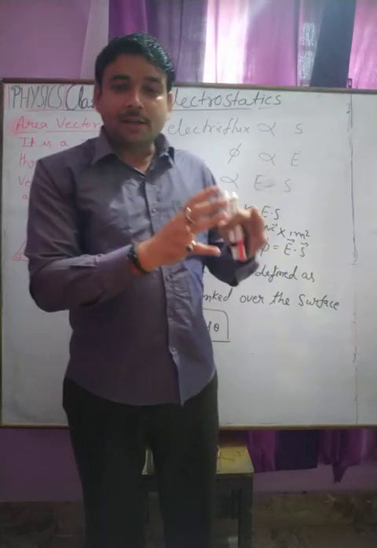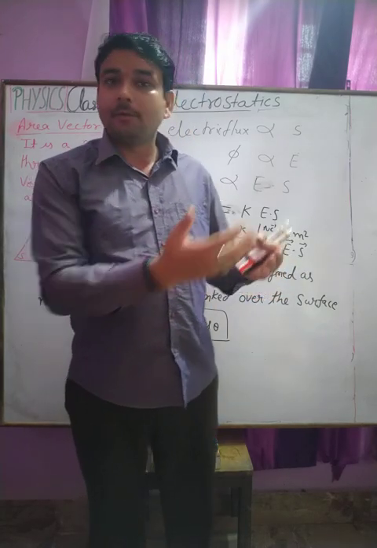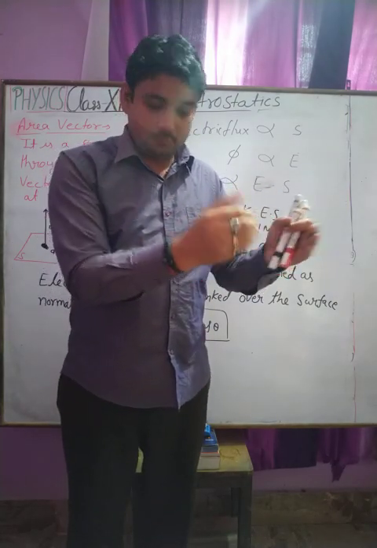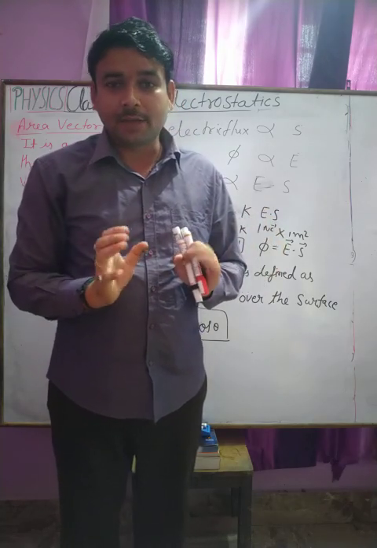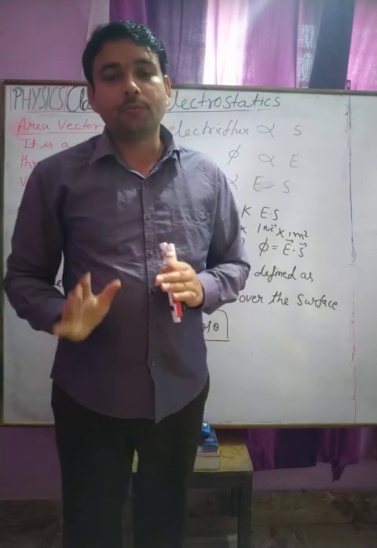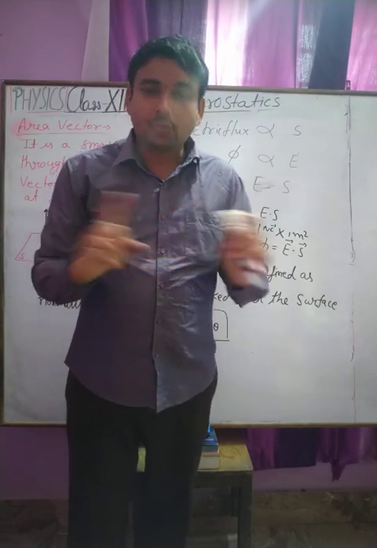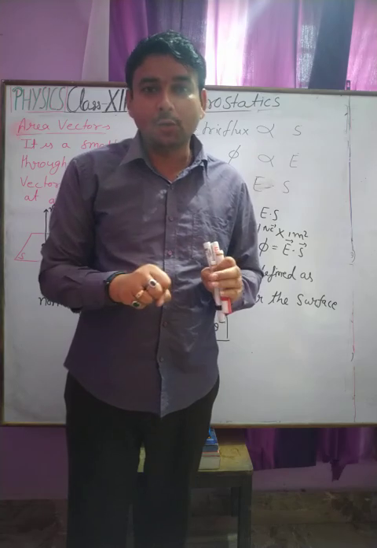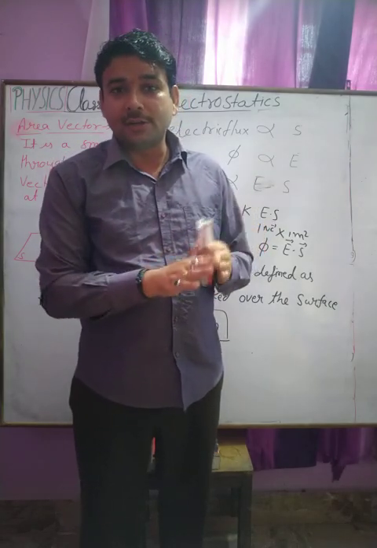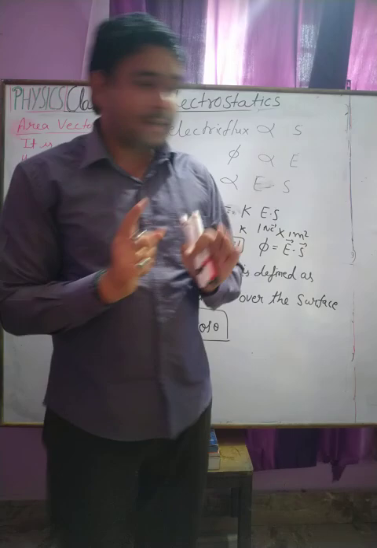But when the water is filled in the bucket, there is no direction of water. When the water fills the bucket, that water has no direction, but it has a magnitude of how much there is. So the flux is basically a quantity related to the capacity of the particular area. Therefore, the electric flux is a scalar quantity.